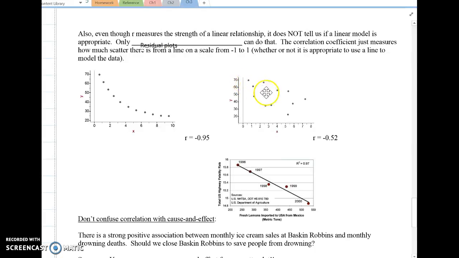In here, it's not super strong, but it is more linear. So here, you get a strong R value where a linear relationship's not the best option, but here, it's not super strong, but a linear relationship is your best bet. So just be aware, R by itself, without looking at the graph or the residual plot, does not actually guarantee that you have that linear association, so be careful with that.